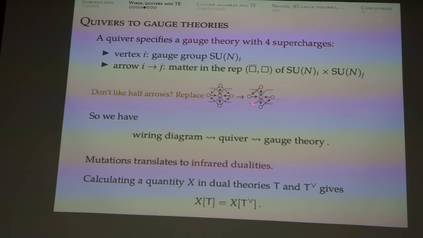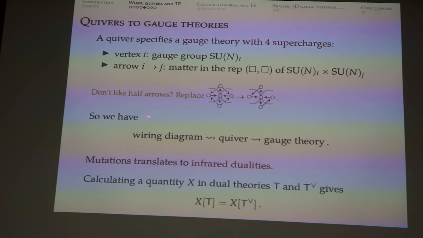Then you don't have any half arrows, and the discussion that follows can also be applied for this version of the quiver. But anyway, given the quiver, you can construct a gauge theory with 4 supersymmetries.